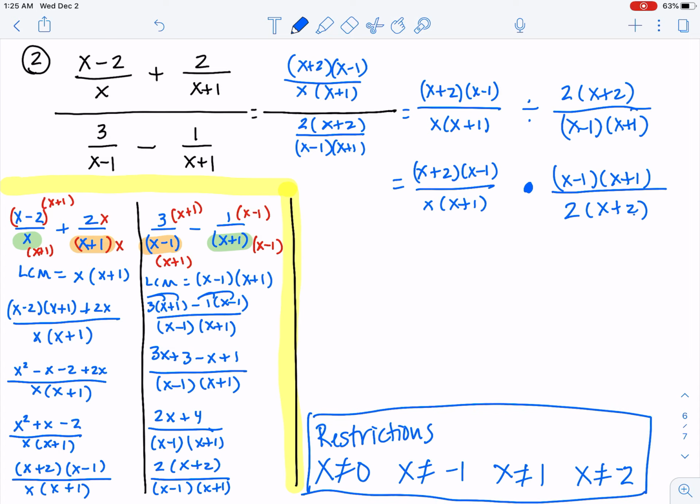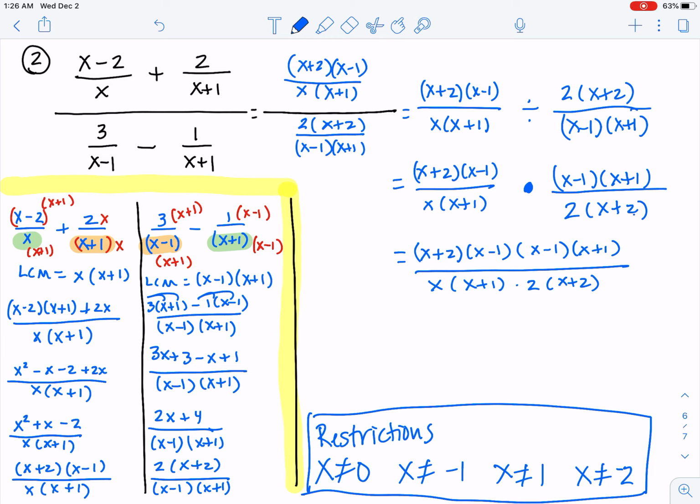Now let's simplify. When we multiply, I'm going to multiply the tops and the bottoms. Notice I'm leaving them all in factored form because I want to know if there are any factors on the top that are going to simplify with the denominator. Here's what I see.